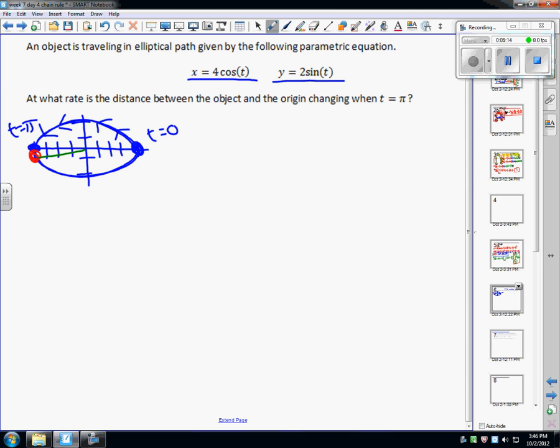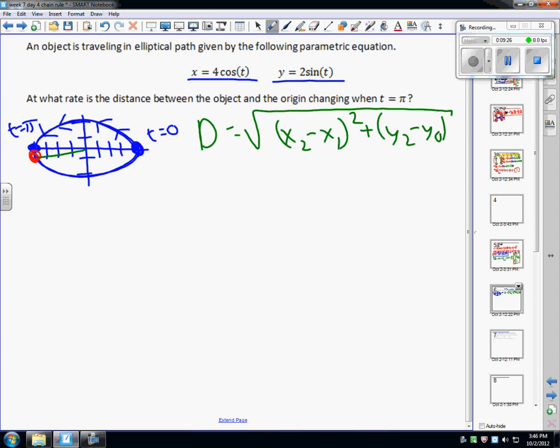So let's see if we can write the equation of a distance. Distance equals, the formula that you all know, the square root of x2 minus x1 squared plus y2 minus y1 squared. Well, one of the points is always the same. That point there is always 0, 0.